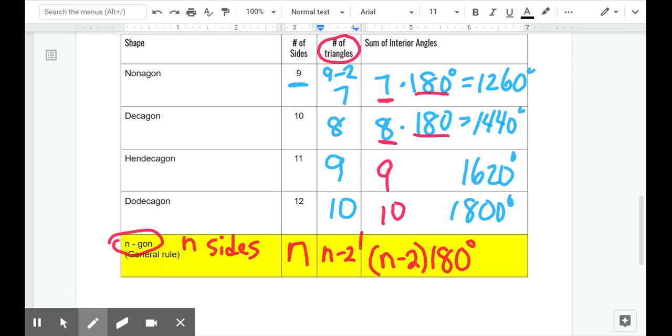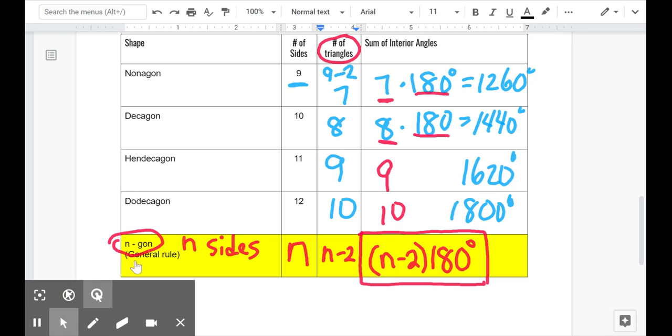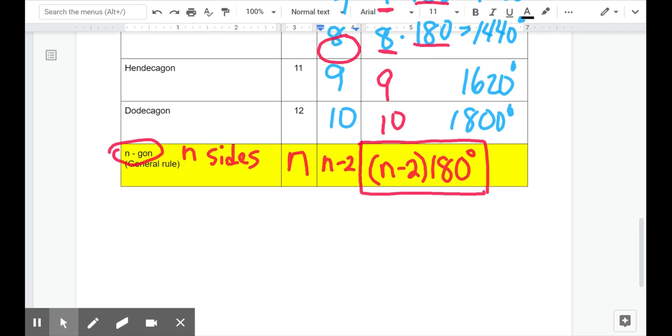So here is your general rule. Given an n-sided shape, you would do (n minus 2) times 180. In other words, subtract 2 from the number of sides and multiply by 180. Now, I don't remember that shape that I asked you guys about in the beginning. I think it was a 732-sided shape, if I'm remembering correctly.